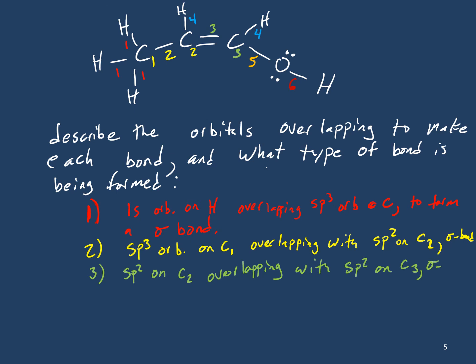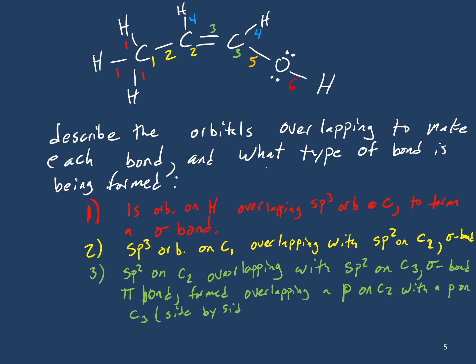Again, we get a sigma bond here. There's also a pi bond though, and that's formed by overlapping a p orbital on carbon 2 with a p orbital on carbon 3. And this needs to be somewhere stated that it's a side-by-side overlap. That's how we get those pi bonds.